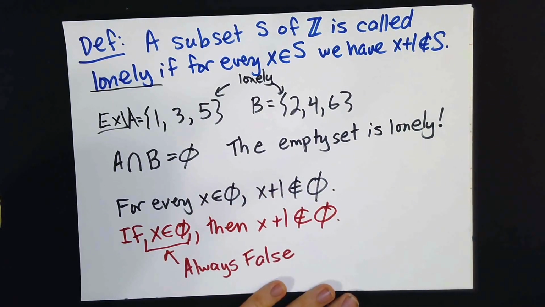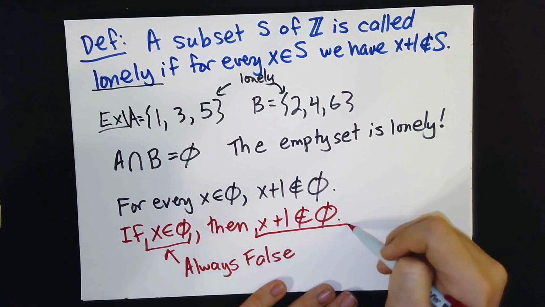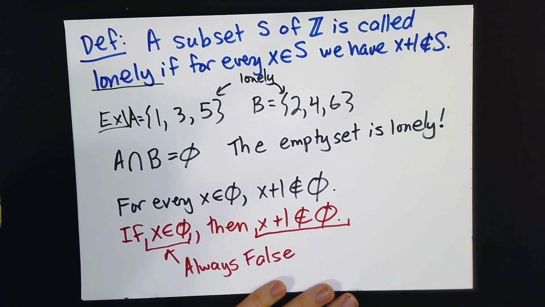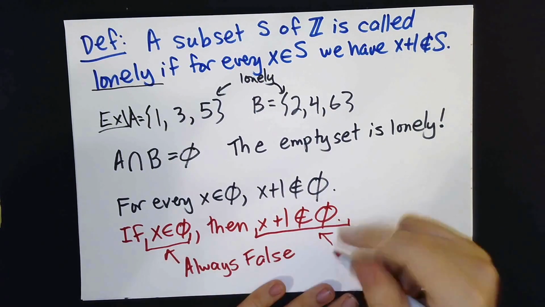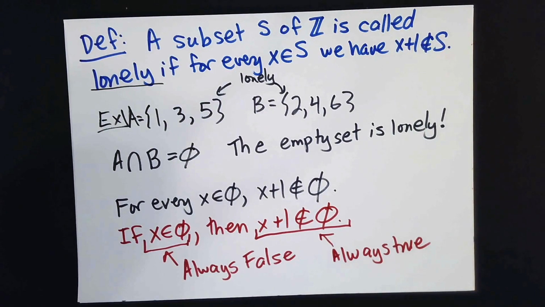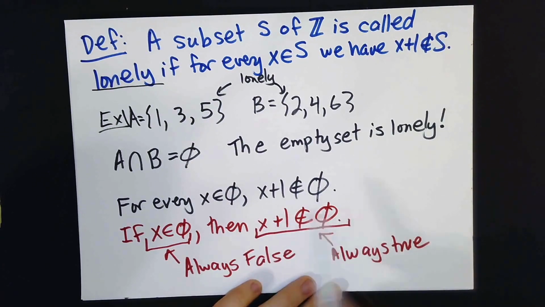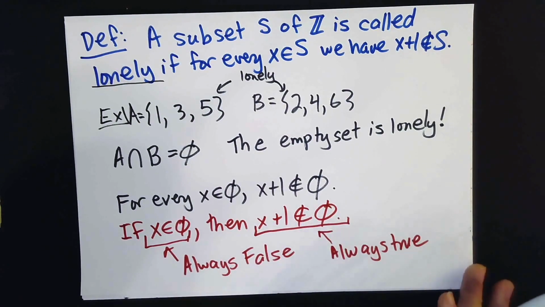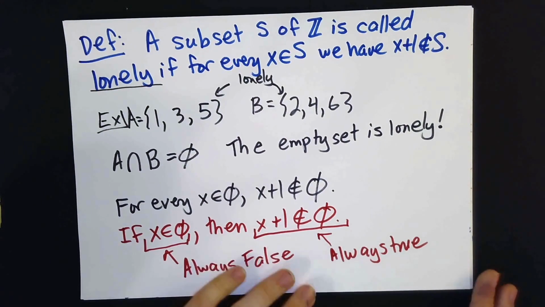In this case, though, you can actually go even further and note that the conclusion, x plus 1 is not in the empty set, is in fact always true. And we had also said that for any implication, if the conclusion is true, the implication is true, regardless of the truth of the hypothesis.